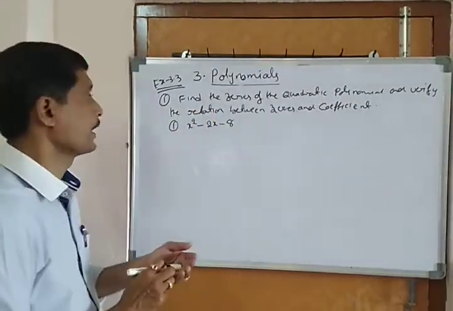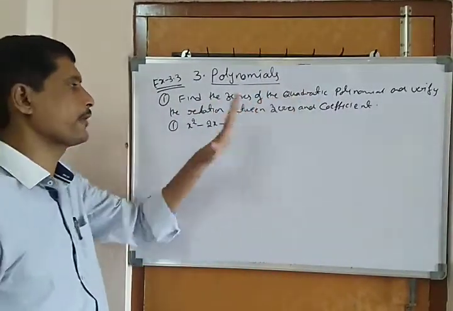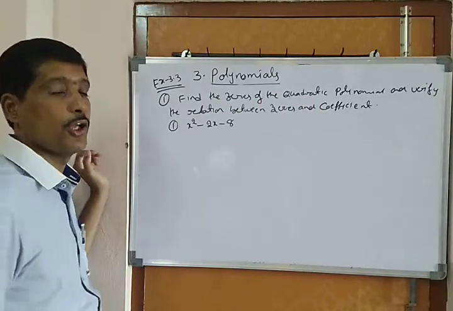Here, find the zeros of the quadratic polynomial and verify the relation between the zeros and coefficients.